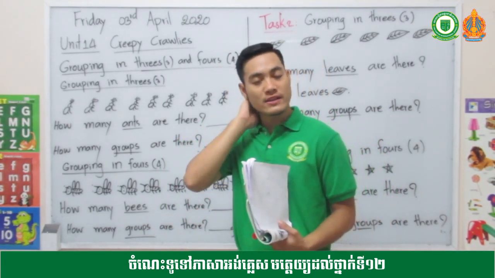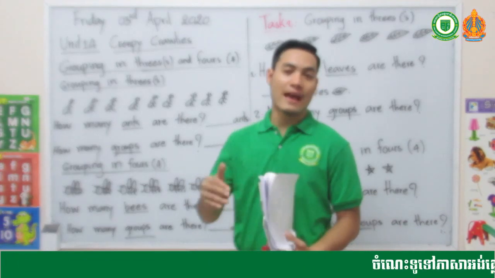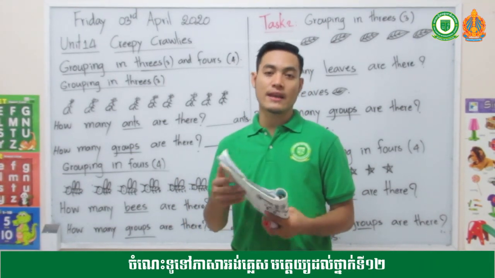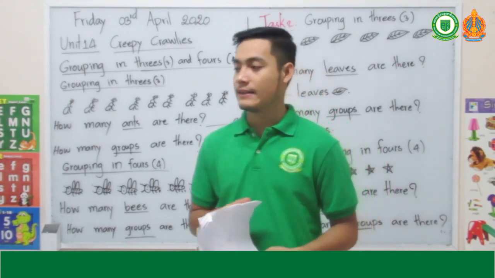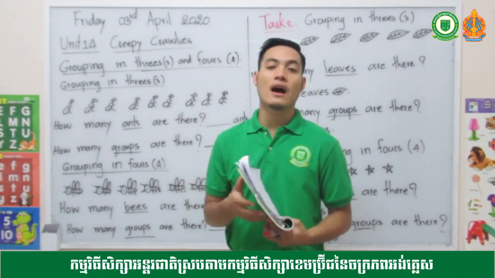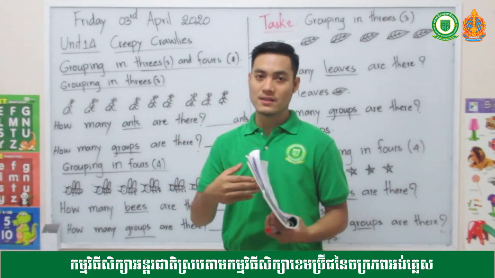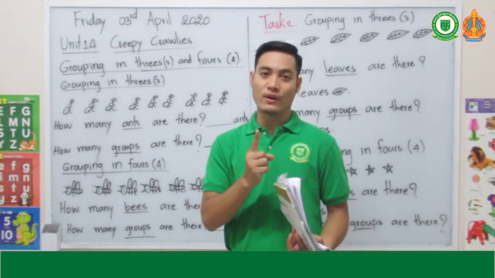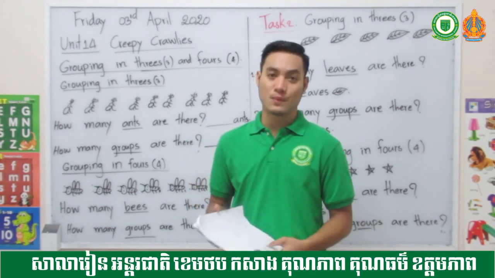The word grouping refers to the action of putting people or things in a group or in groups. In part 1 you learned about grouping in twos, which means you look at the objects or people and put them in groups of 2. One group has 2 people or 2 things. This is the way that we group in twos.